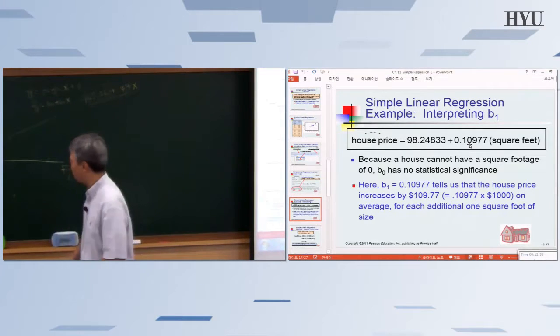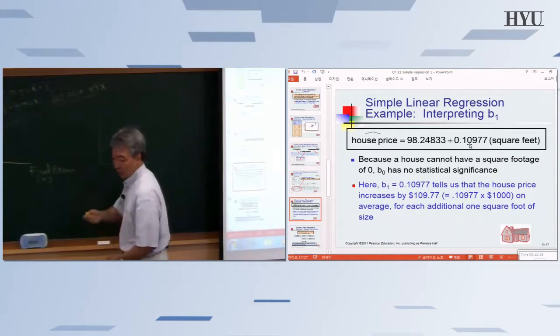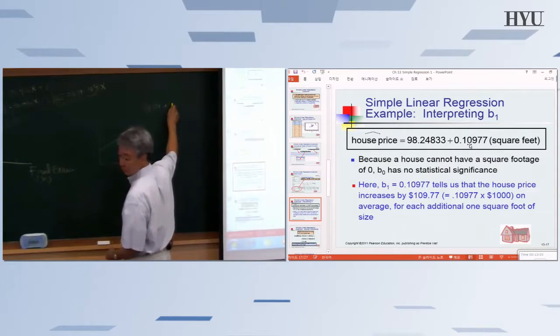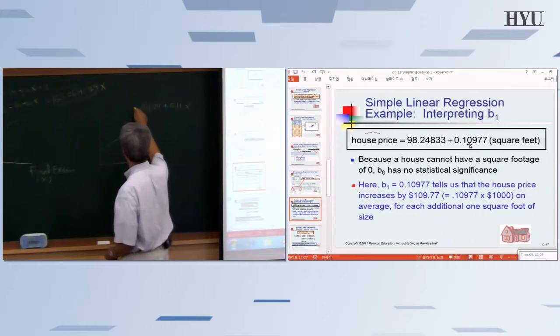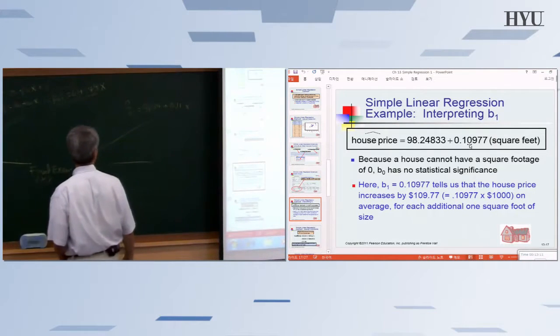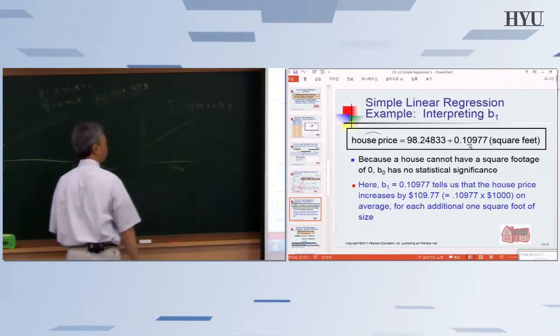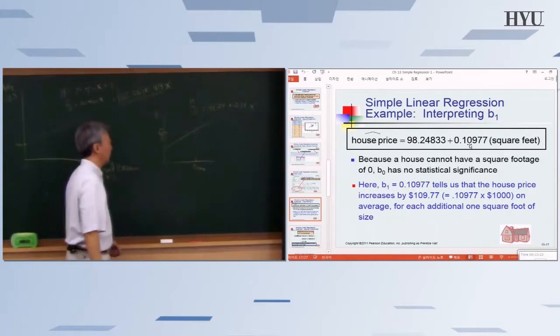What will be the market price? That's the idea. So when we have the equation 98.24 plus 0.11 x, if you have, say, 2,000 square feet, what will be the price? That's the idea.